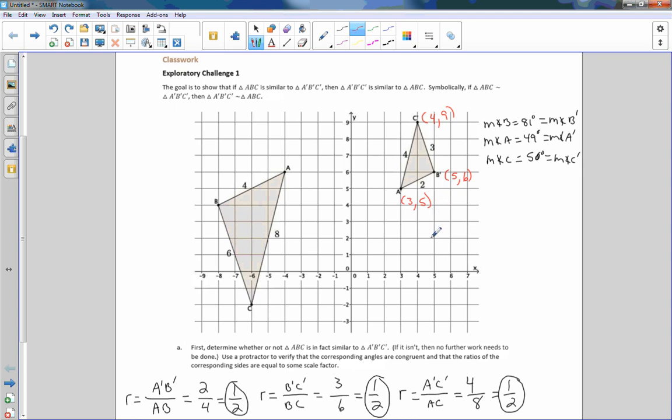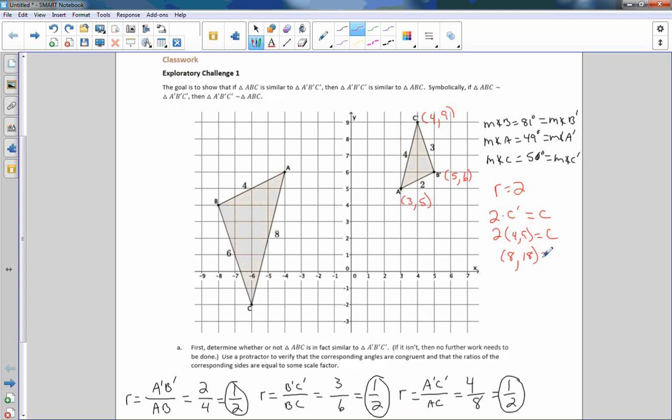Now my scale factor to get from the big triangle down to the small was a half. So to go the other way, we take the reciprocal of this. So I want R to equal 2. So if I multiply 2 times C prime, it is going to equal C. And 2 times 4 is 8, and 9 times 2 is 18.